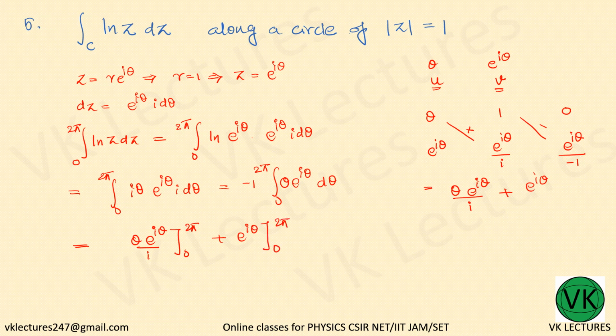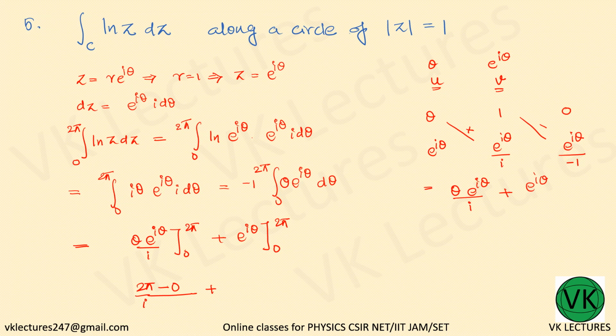So first one, going with the upper limit, 2 pi by i, 2 pi e to the power i times 2 pi, that is cos 2 pi, that is 1, minus 0, plus e to the power 2 pi is 1, 1 minus e to the power 0 is again 1.